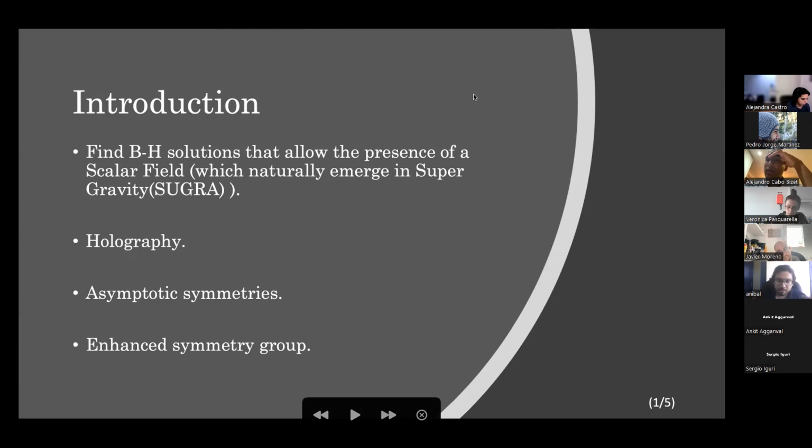In particular, the exponential potential is not bounded, so this makes everything work. Also, I'm going to tell you how this is relevant from a holographic perspective, and how the asymptotic symmetries and the symmetry groups are related to this. Next.